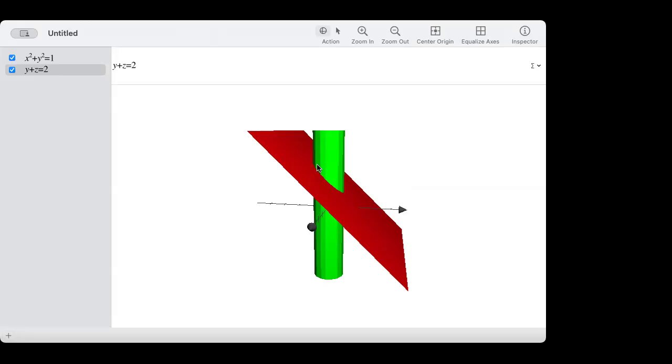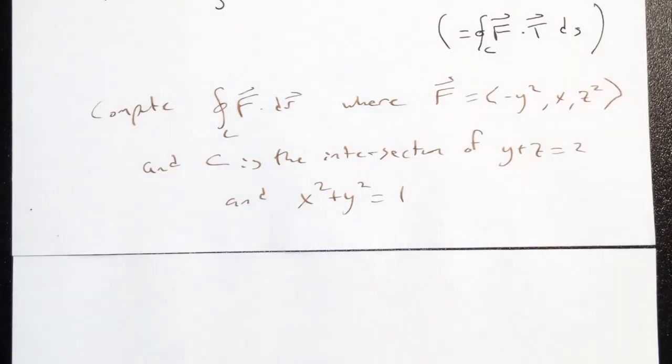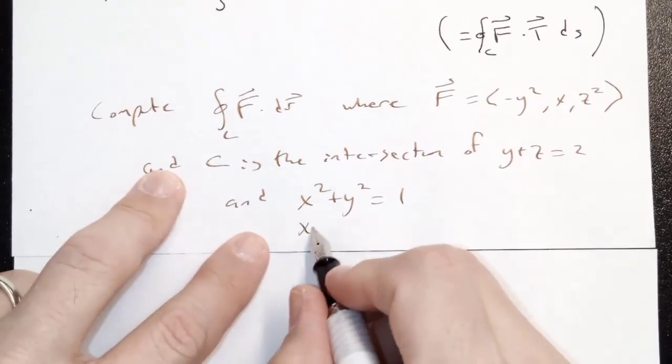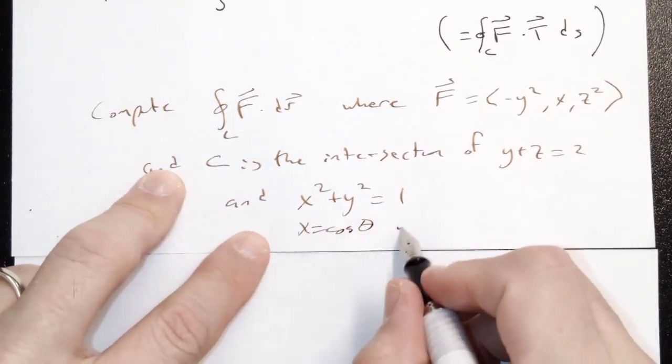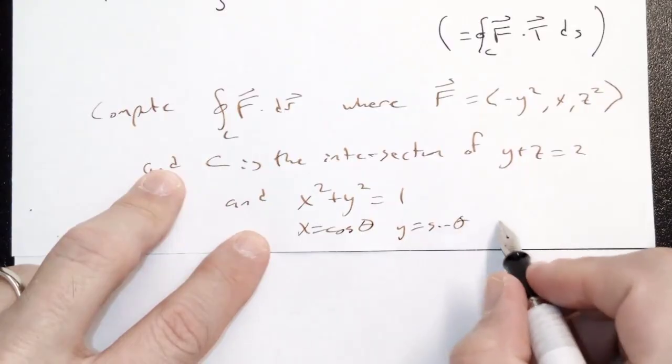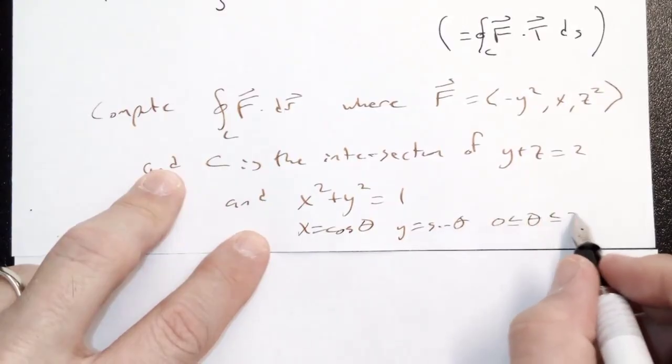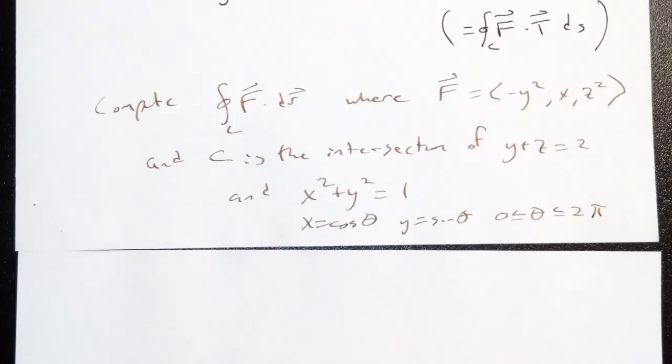Okay, so x is cosine, y is sine, radius is 1. I'm good with that. So I can say right here, x equals cosine theta, y equals sine theta, 0 less than or equal to theta less than or equal to 2 pi. How do I lift that to give me the z?